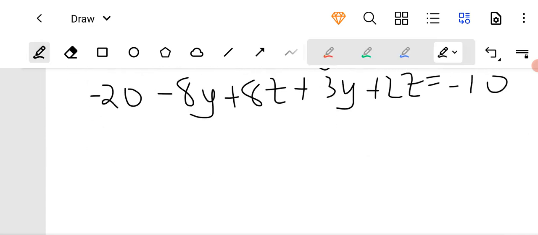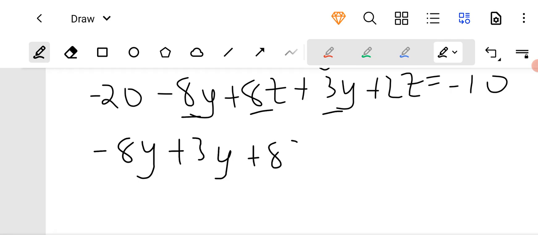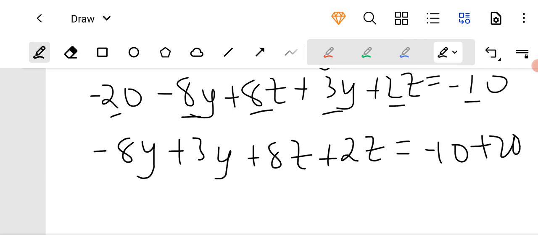Group like terms together: negative 8y plus 3y, the z's, 8z plus 2z, and negative 10 plus 20.